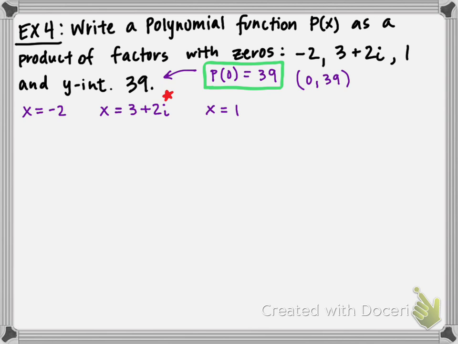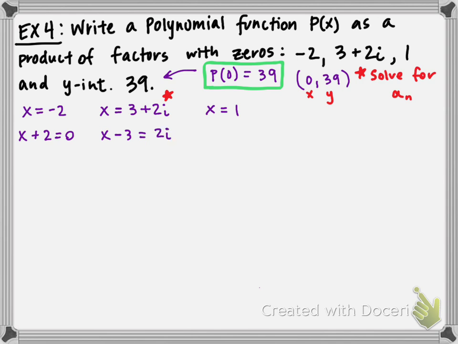So my goal is to set up the factored form of this, utilize this x and y value to then solve for a sub n. So here we go. Let's find our factors. This first factor, if you add 2 to both sides, you'd get x plus 2 is equal to 0. The second one, we have to do some big math. We have x minus 3 is equal to 2i.